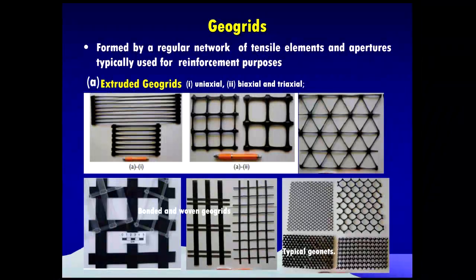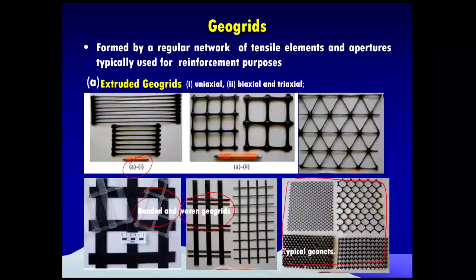A geogrid is defined as a material consisting of connected parallel sets of ribs. Within this they have biaxial and triaxial types.